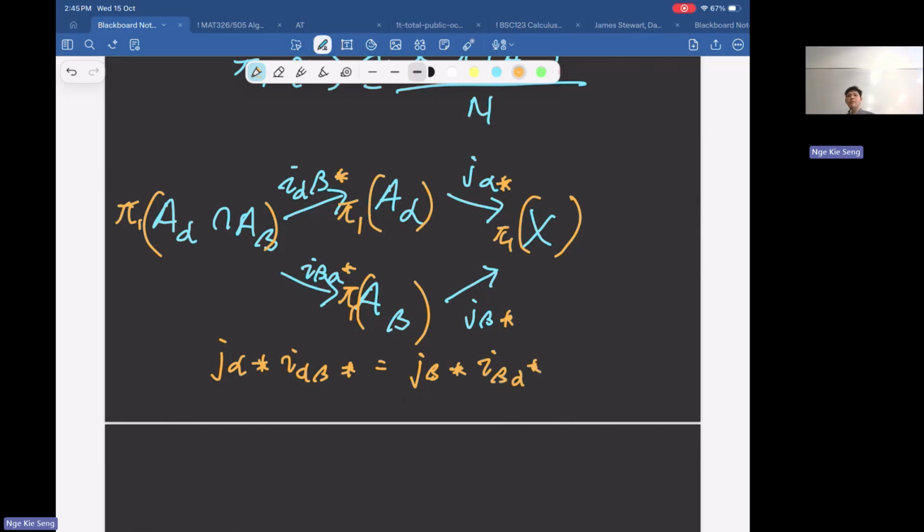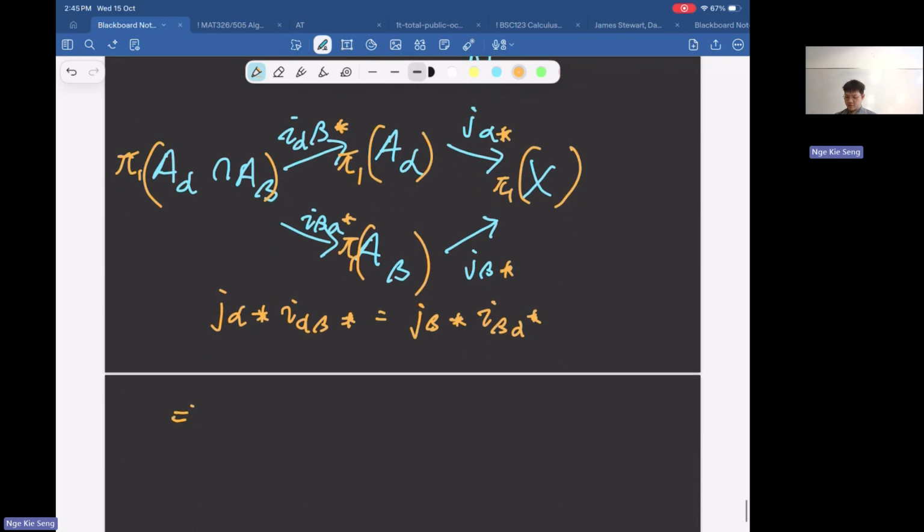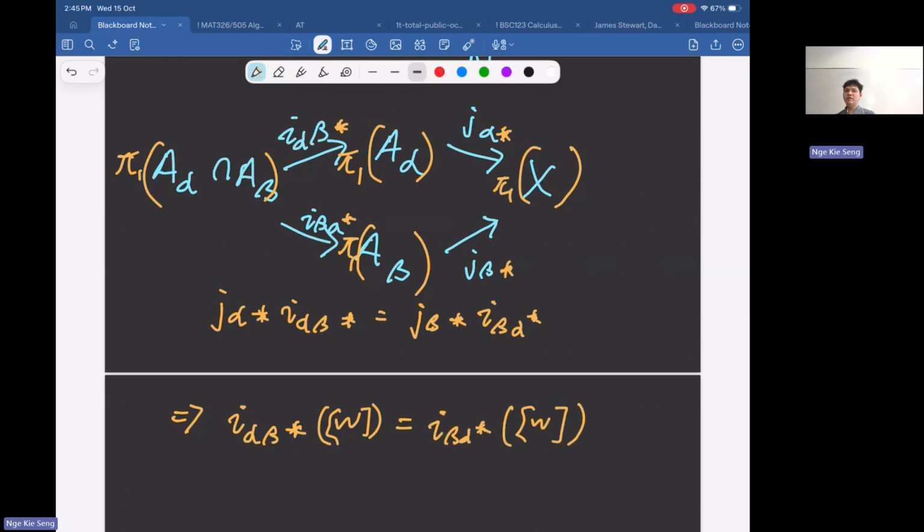These two maps are the same. In particular, this tells you that i_alpha beta star on some loop is equal to i_beta alpha star on the same loop.